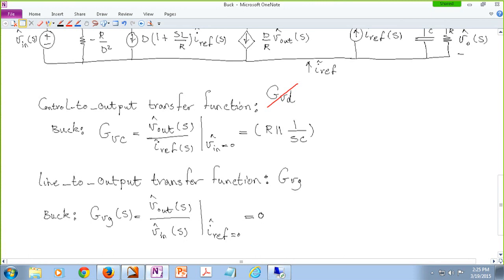So technically we are saying that under this ideal assumption that we made, the perturbations in the input voltage do not appear in the output voltage, which is great, basically. So no matter what happens to our input, our output voltage doesn't see those changes, basically. So I would write it as a perfect line regulation.